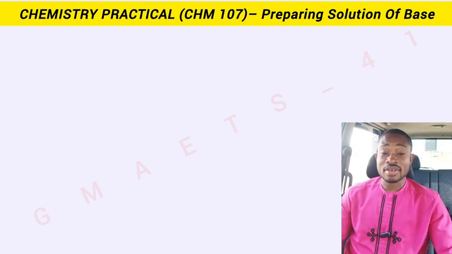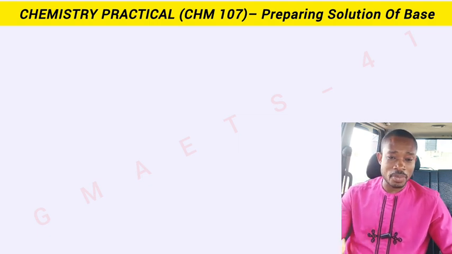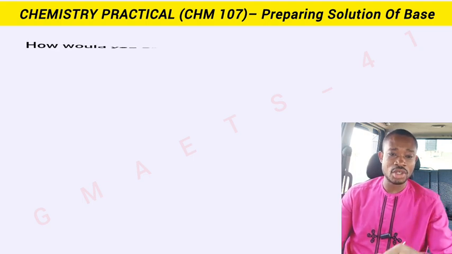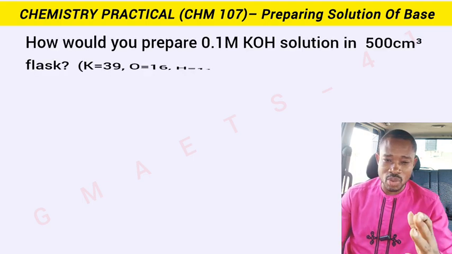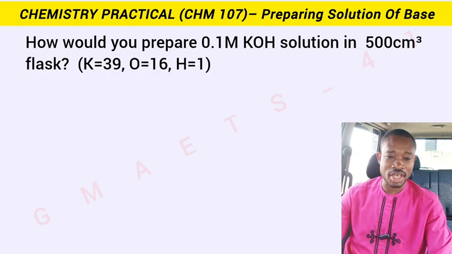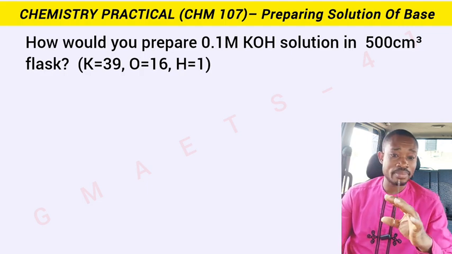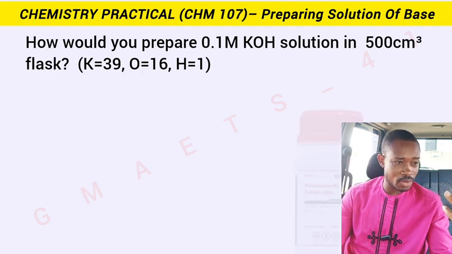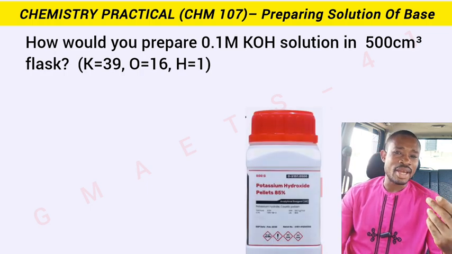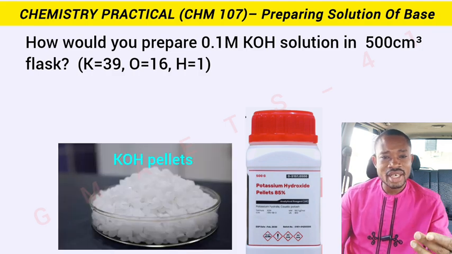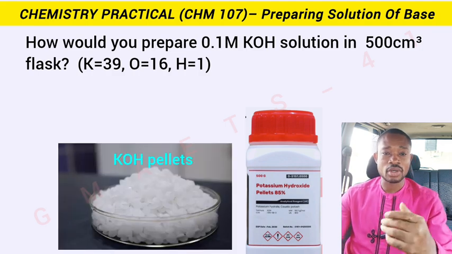Now we are going to describe how we can prepare a 0.1 molar solution of a base. The base we are going to use is potassium hydroxide. Bases, usually if you go to a chemical shop to buy them, you get them basically in solid form. They come in pellet form.